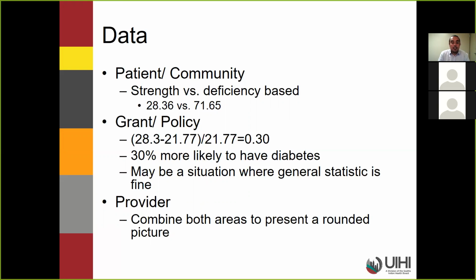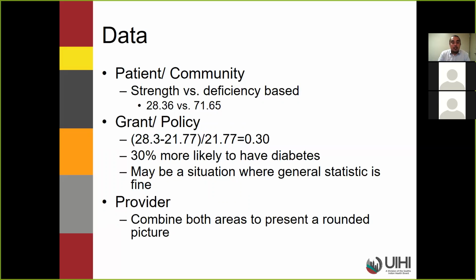So it's easy enough to lead off with the idea that 28.3% of AIANs were diabetic. Okay, well, that might be useful to some populations as far as deterring them from engaging in particular activities, but it might also demoralize and turn people off to the idea of actively working towards a particular goal.